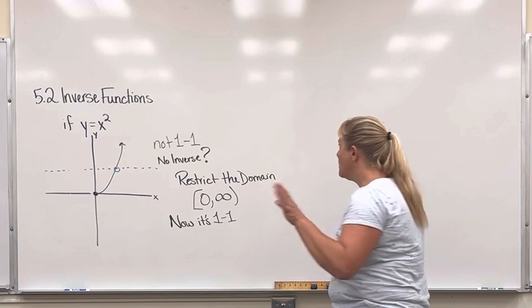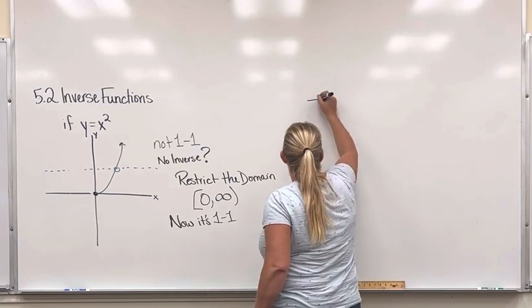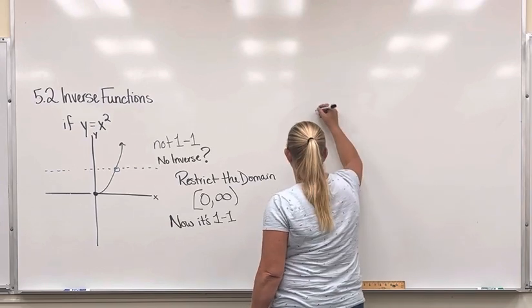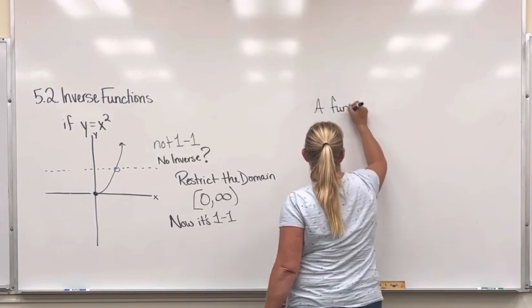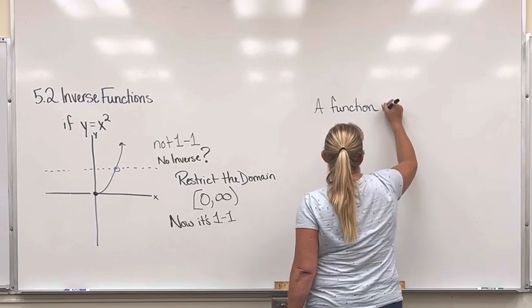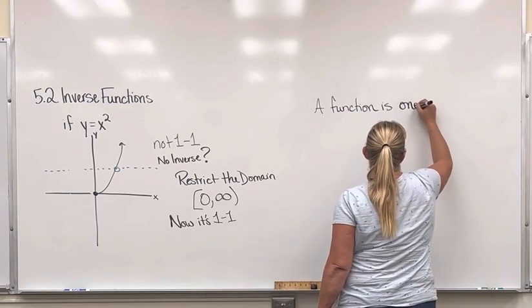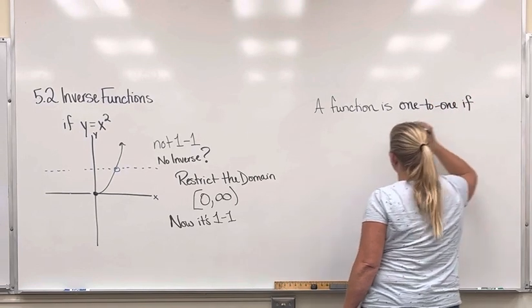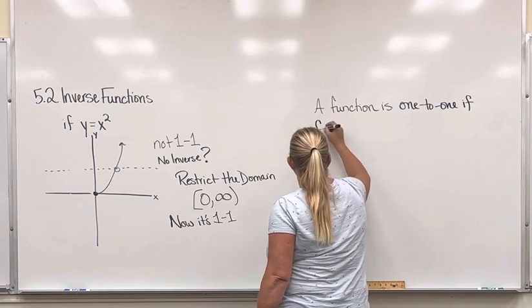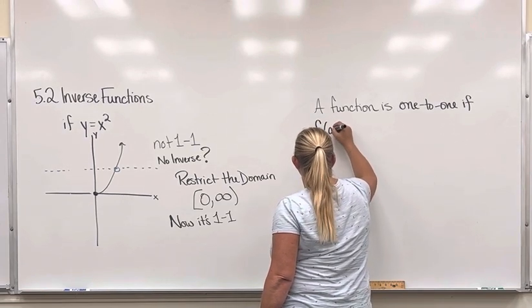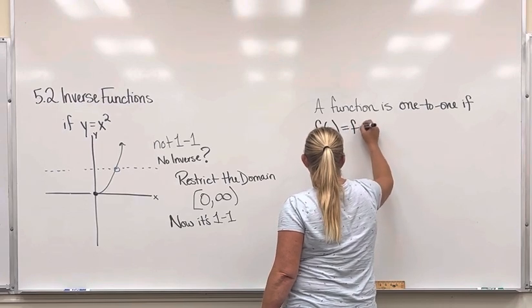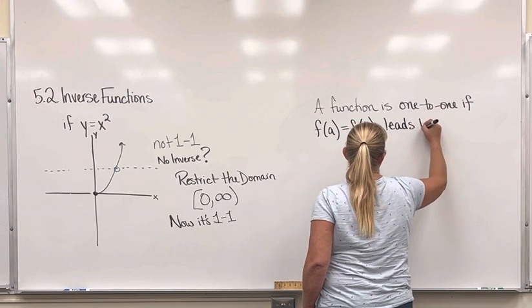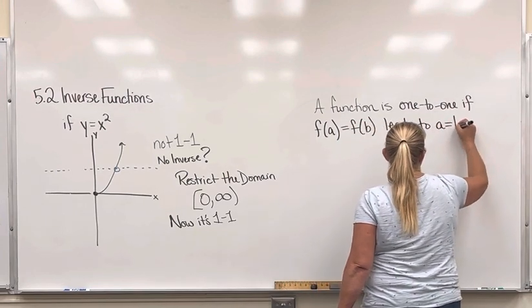So let's say a function is one-to-one if f of A set equal to f of B leads to A equal to B.